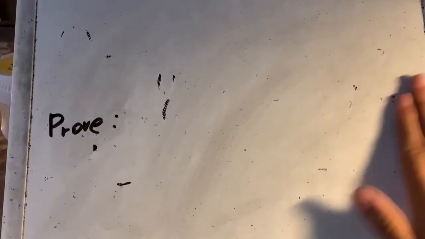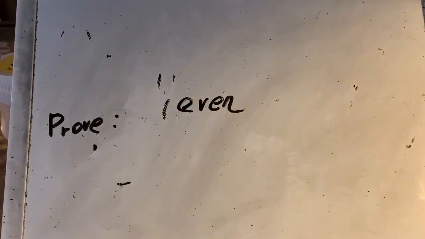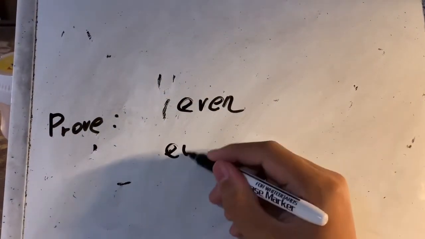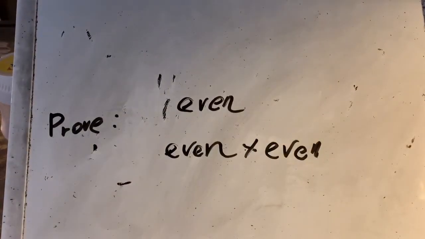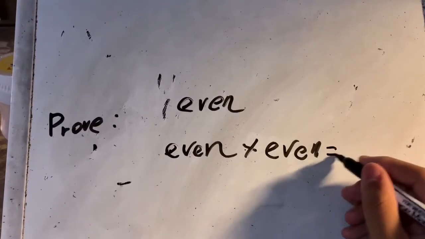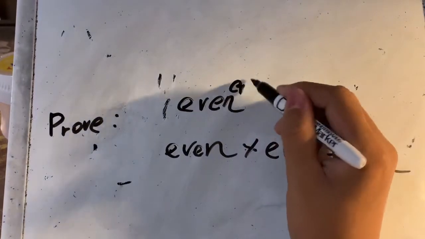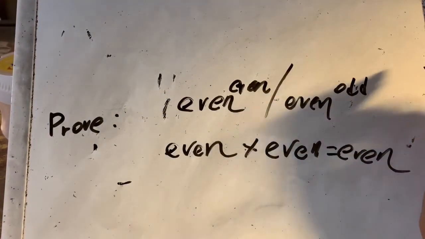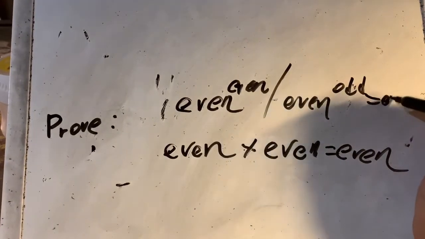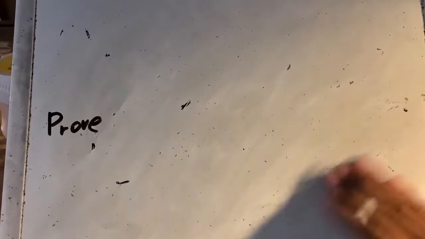Now let's talk about even. Since every time even times even is even, no matter how many times we multiply the even number, the result is always going to be even. So in both cases, it will be equal to even. So this is how we do it.